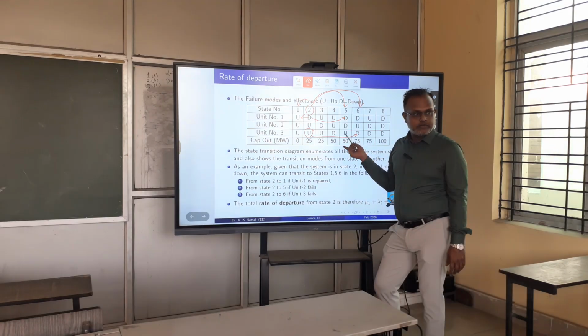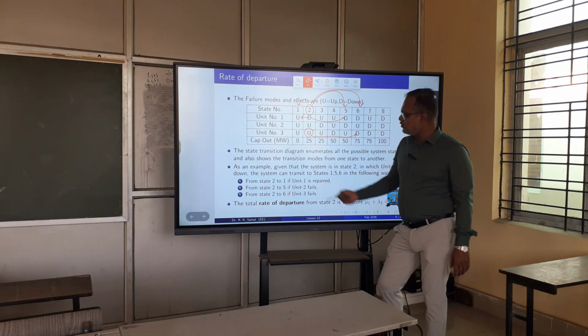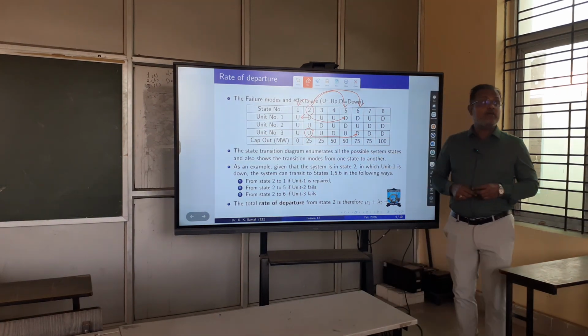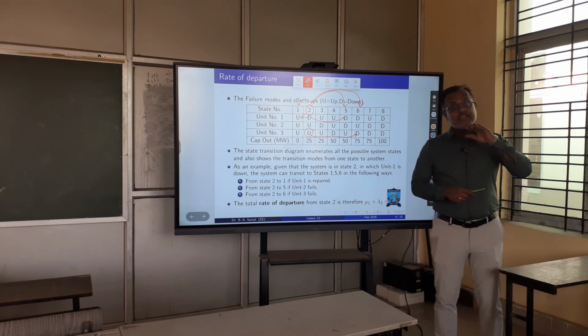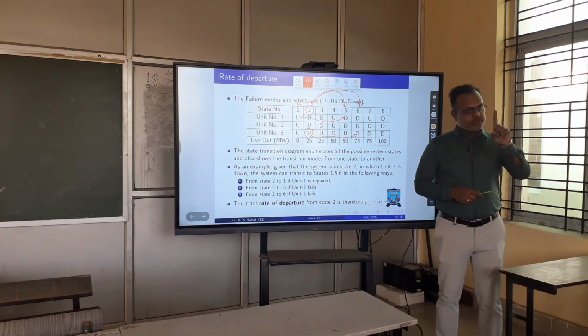Other transitions we are not taking because they involve at least two state transitions. We are considering only single state transitions.